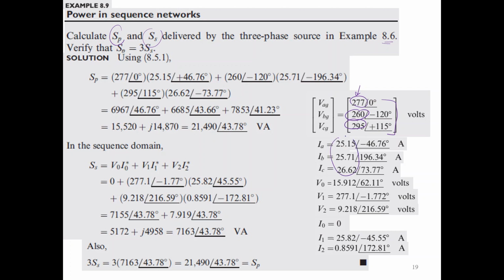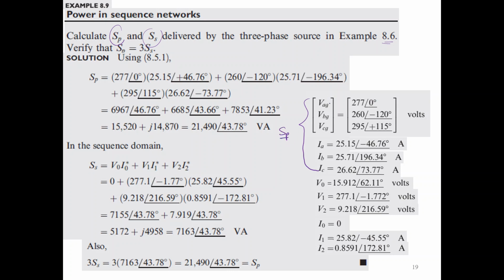These are unbalanced, definitely because of unequal magnitude, and the angle separation is not 120. Now if you want to find SP, which means the complex power based on the phase quantity, you need to use these two lines. You have to use these two to compute the SP.